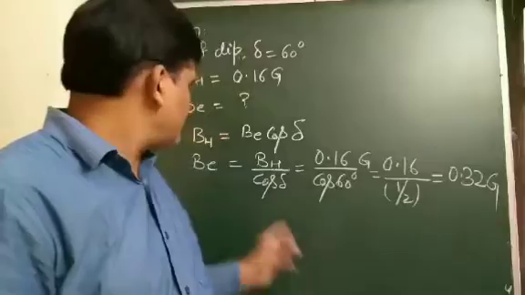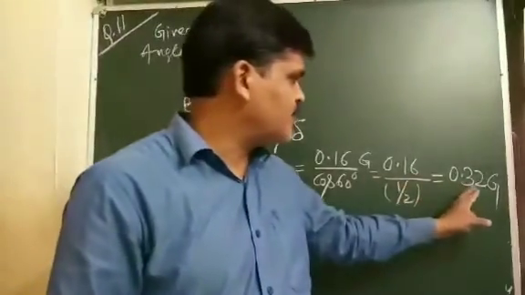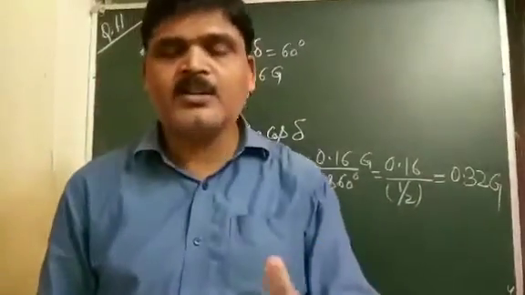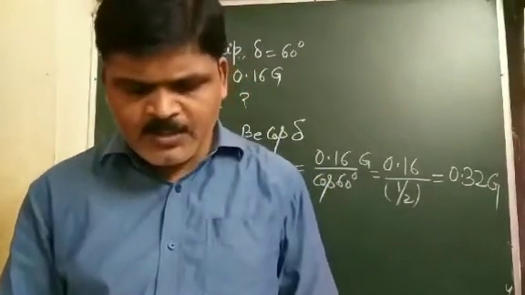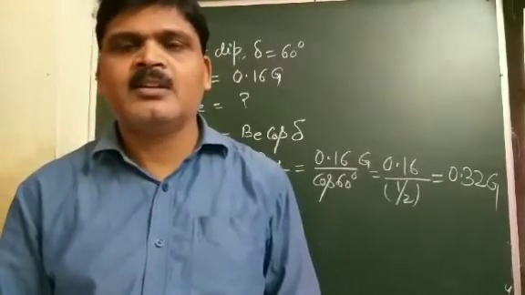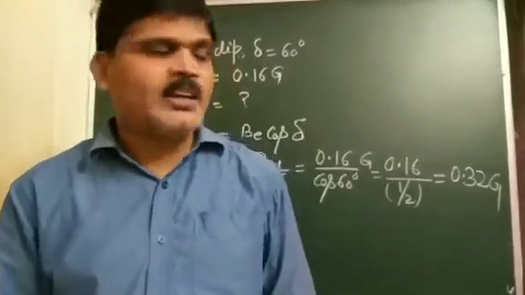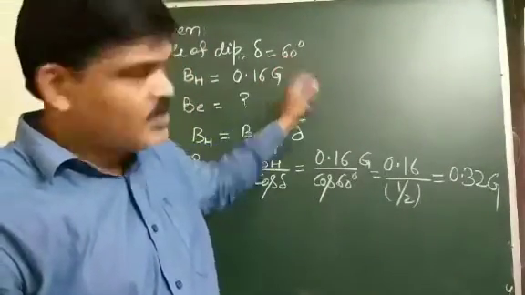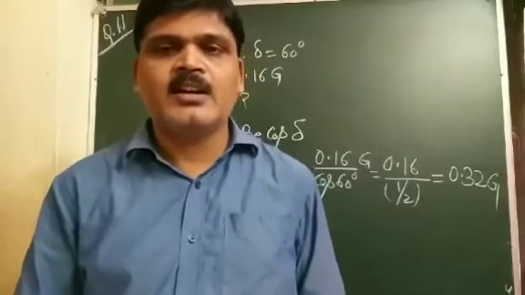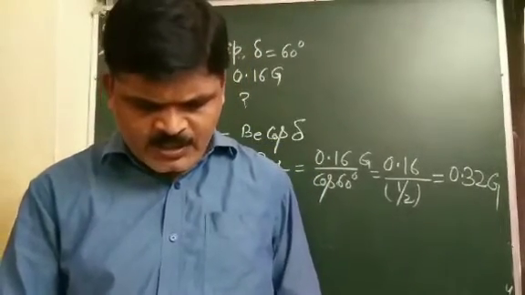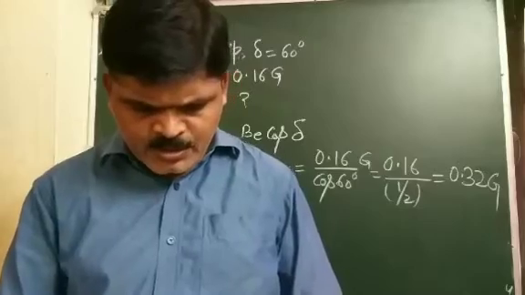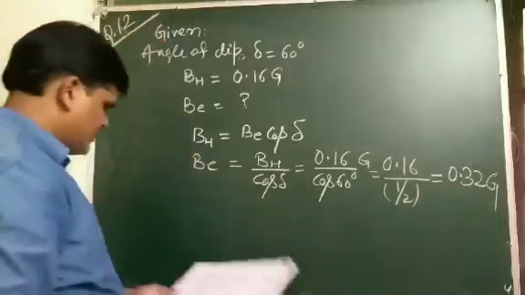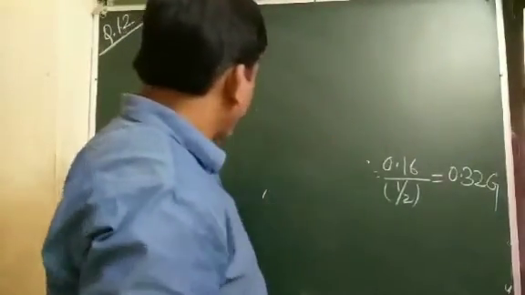So the magnitude of the Earth's magnetic field is 0.32 Gauss, and its direction is 12 degree west of geographical north, making an angle of 60 degree above the horizontal. And this is the answer of this question. And next, question number 12.